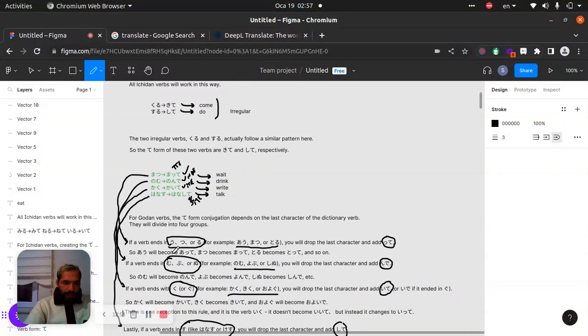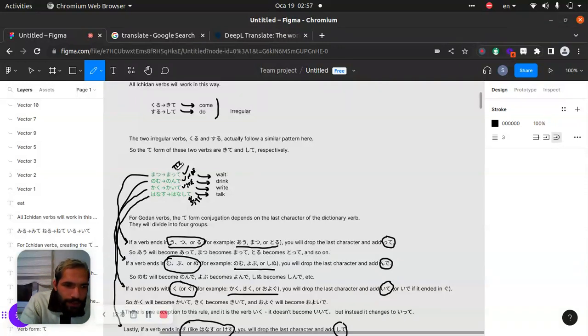If a verb ends in u, tsu, or ru, for example, au, matsu, or noru, you'll drop the last character and add te.